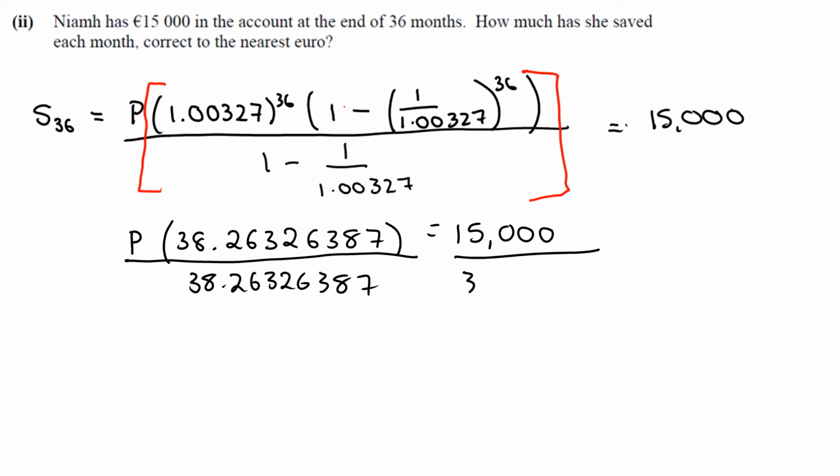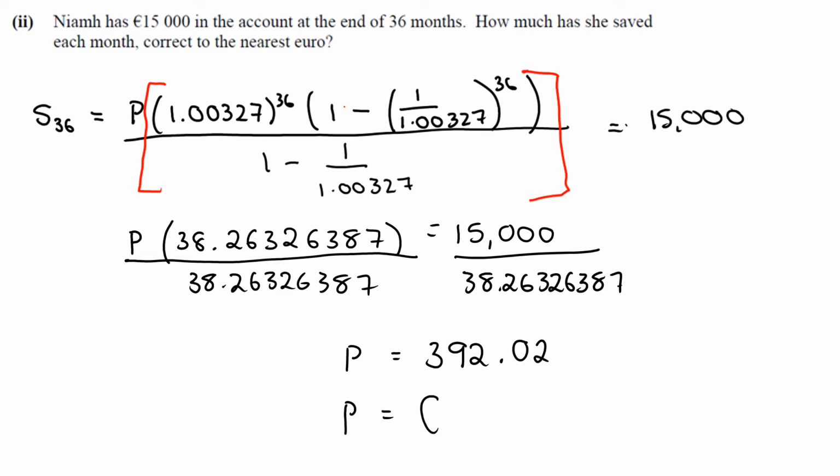And same here, 38.26326387. And that will give us, correct to 2 decimal places, 392.02. And they've asked it correct to the nearest euro, which is 392 euro.